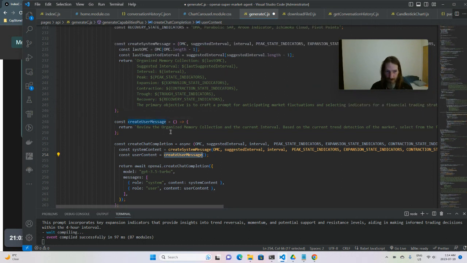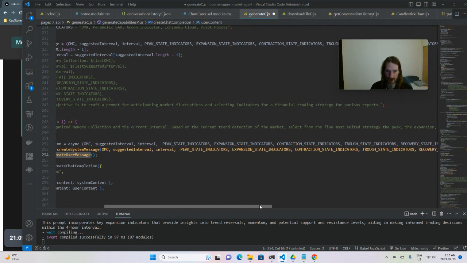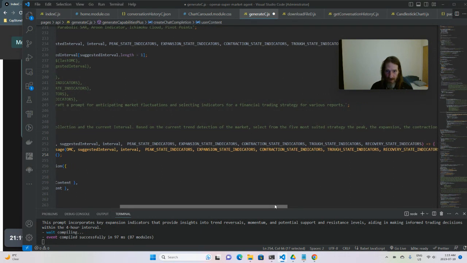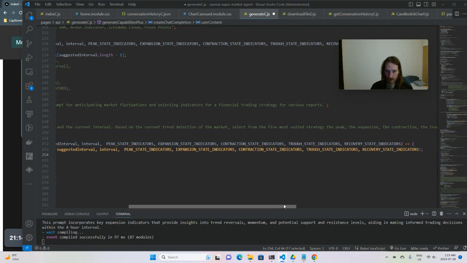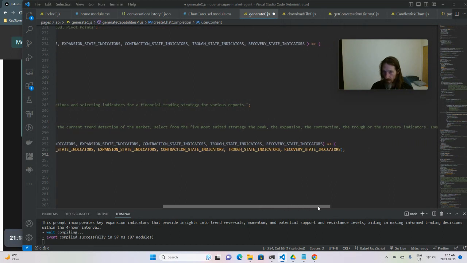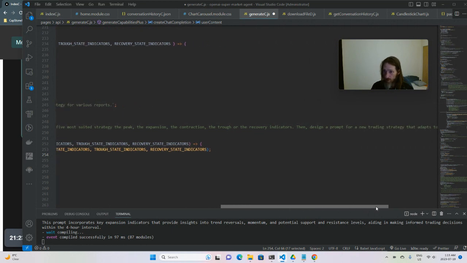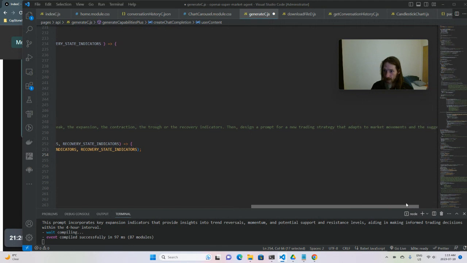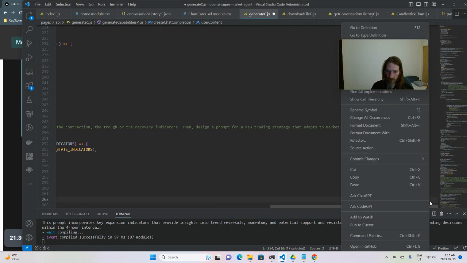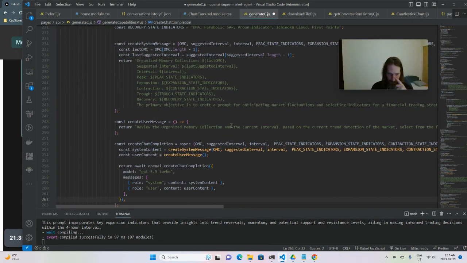Which is: review the organized memory collection and the current interval based on the current trend detection of the market. Select from the 5 most suited strategies: the peak, the expansion, the contraction, the trough, or the recovery indicator. Then design a prompt for a new trading strategy that adapts to market movements and the suggested interval. So it's going to work, right? That's a task.